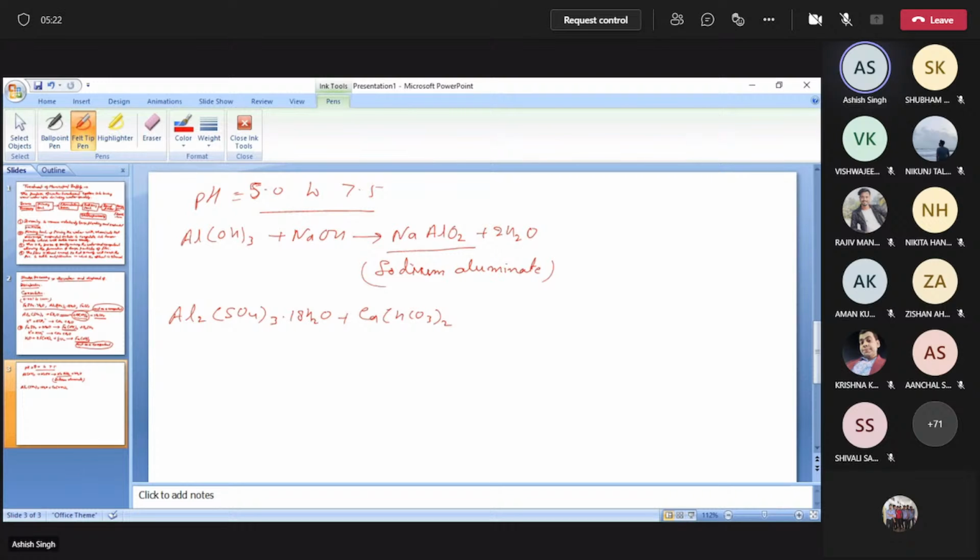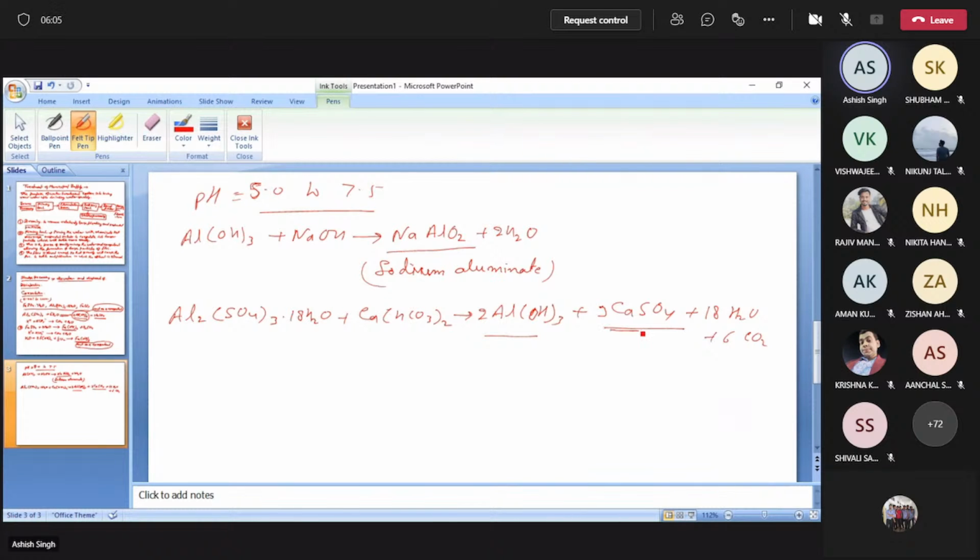Then there is the formation of aluminum hydroxide, Al(OH)3, plus calcium sulfate and CO2. So this is the complete reaction, the formation of aluminum hydroxide.